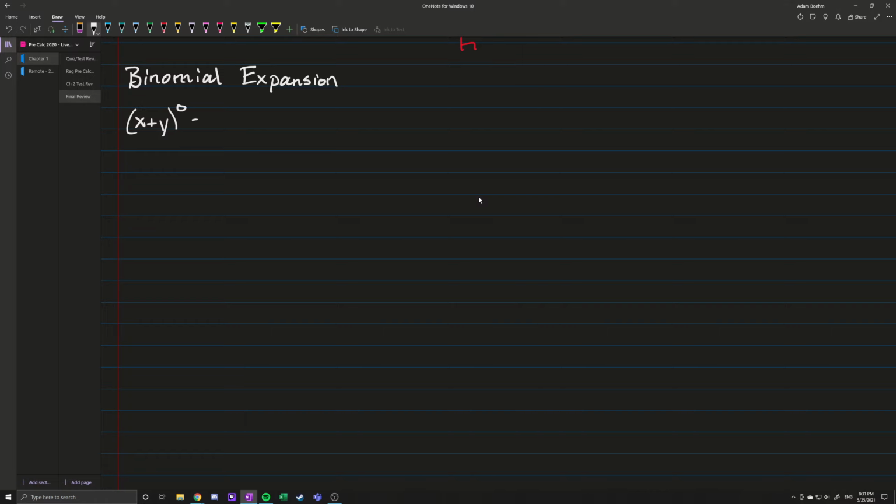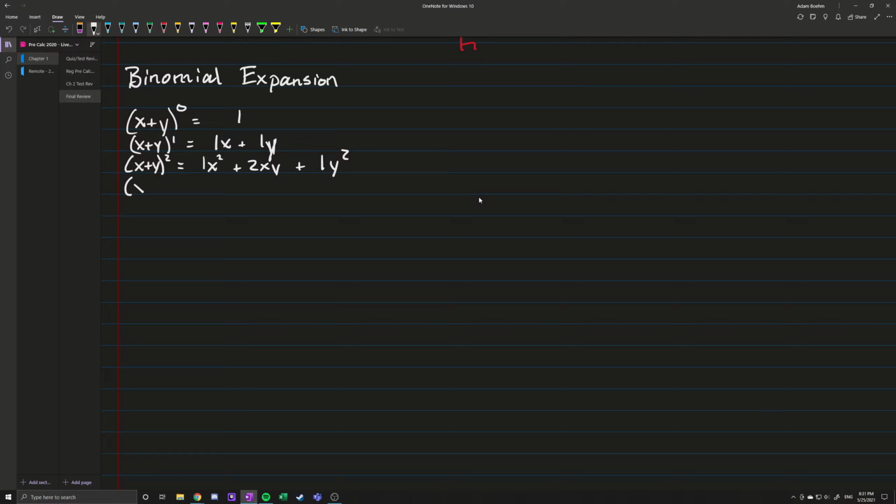So x plus y to the 0 just gives you 1. x plus y to the first just gives you 1x plus 1y. x plus y squared, if we FOIL that, we get 1x squared plus 2xy plus 1y squared.